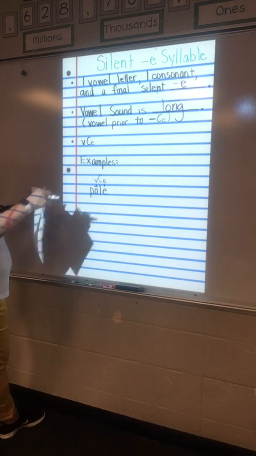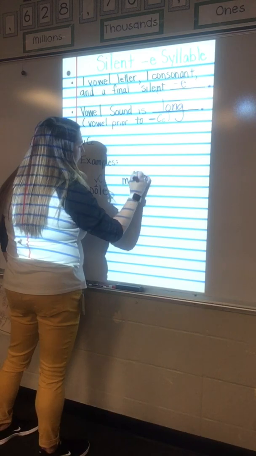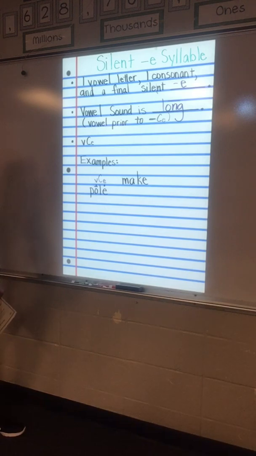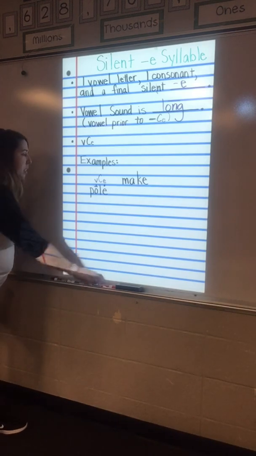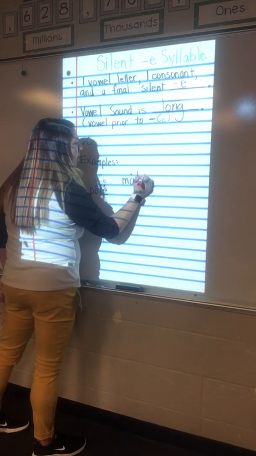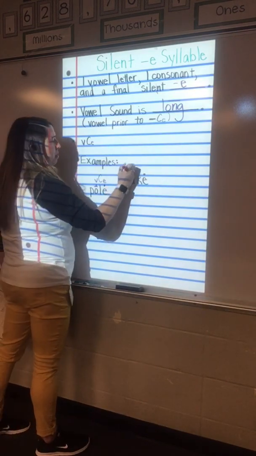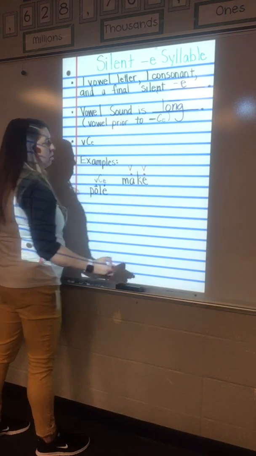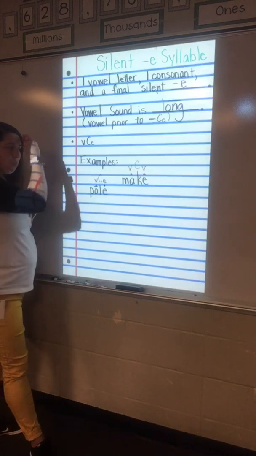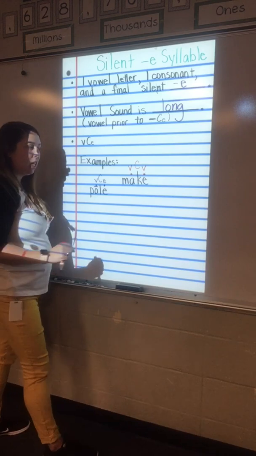Let's do another example. Let's do this word. M-A-K-E. Okay? So M-A-K-E. First thing I'm going to do is spot my vowels and change it up and do a different color. There's an A, here's an E. So I spotted my vowels, and I'm going to label them vowel and a vowel. I see in between they have a K, which is a consonant. Now, let's look at this word. I'm going to try the short vowel sound, and let's see.